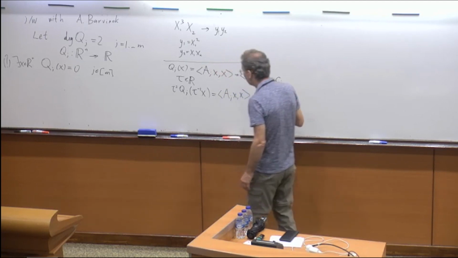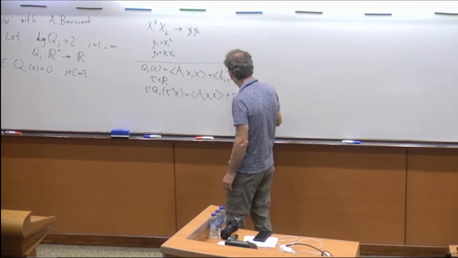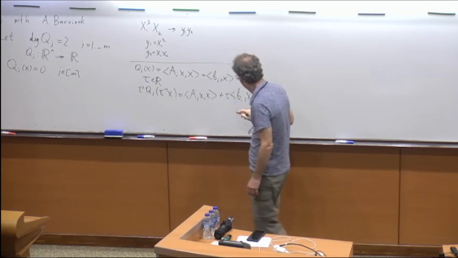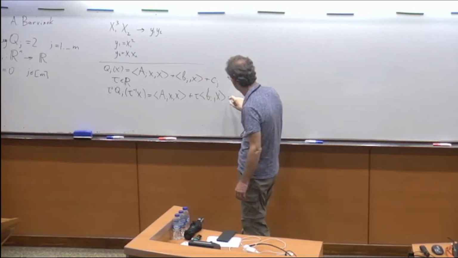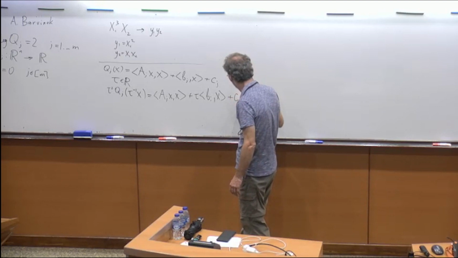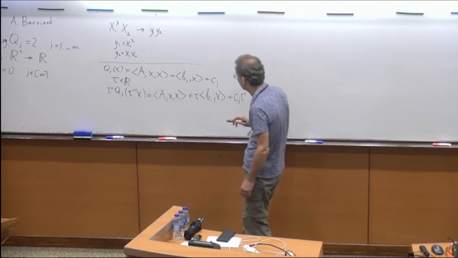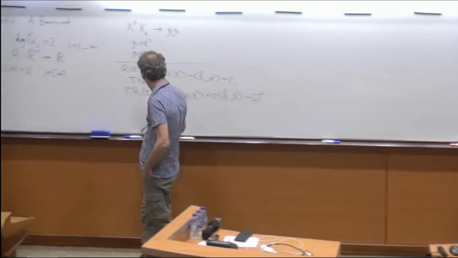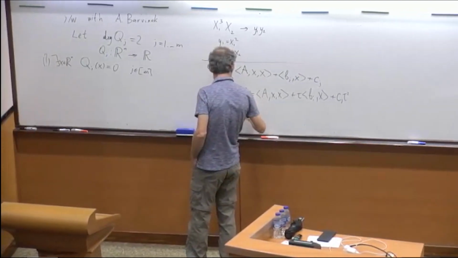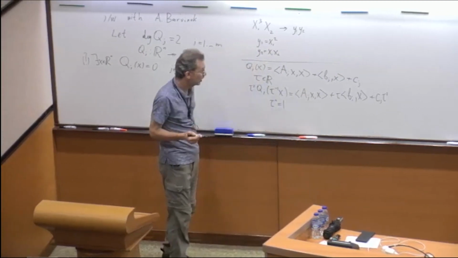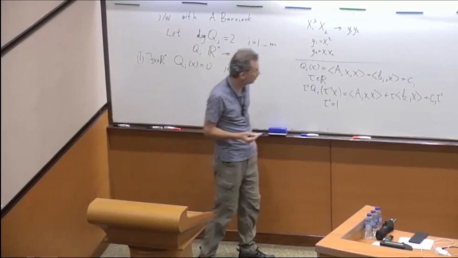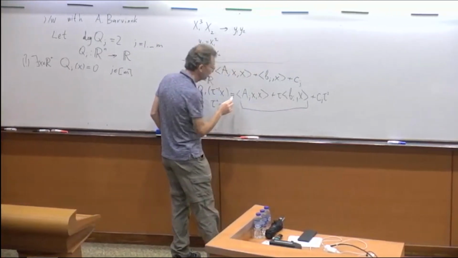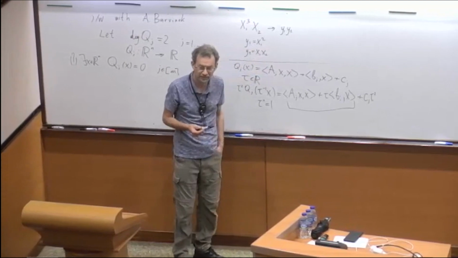The second term gets a coefficient tau and becomes quadratic, and the third term gets a coefficient tau squared. And then we add an equation, tau squared equals 1. And we are down to a polynomial which is a homogeneous polynomial of degree 2 and a constant part.